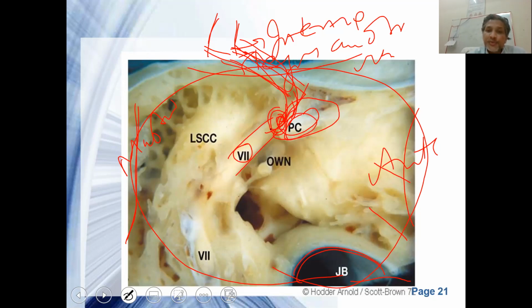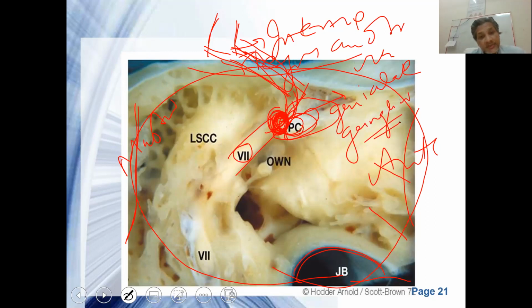Anterior and superior to the processus cochleaformis will be the appearance of the facial nerve, and here it forms a ganglion, which is called the geniculate ganglion. So this is the most important anatomical dimension of the middle ear, which you are watching.